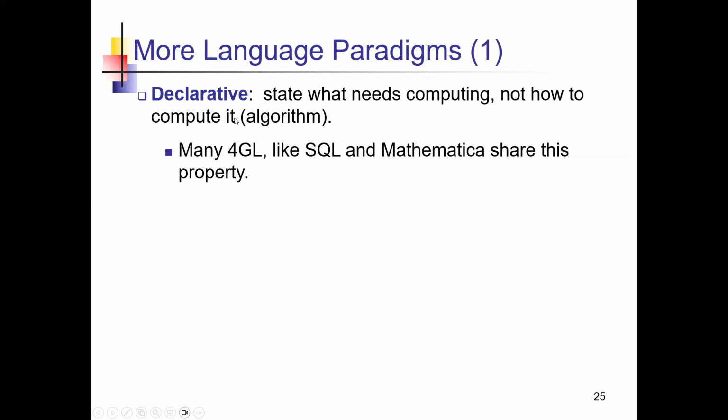Also, we have the declarative, which, as we said earlier, states what needs computing, not how to compute it. An example would be the logic programming concept also. And here we also have the fourth generation language, SQL; mathematics also shares the same property. Prolog is also declarative, as we said.